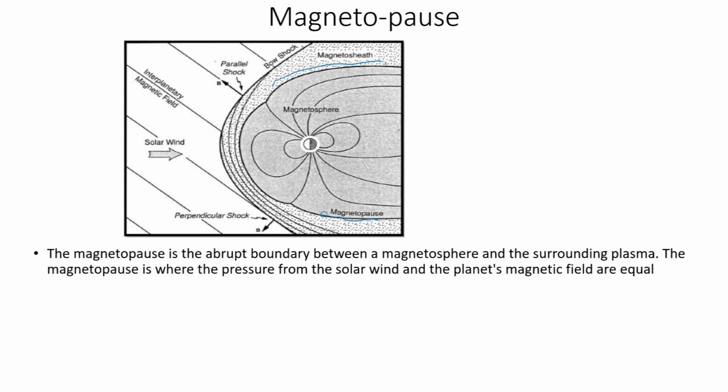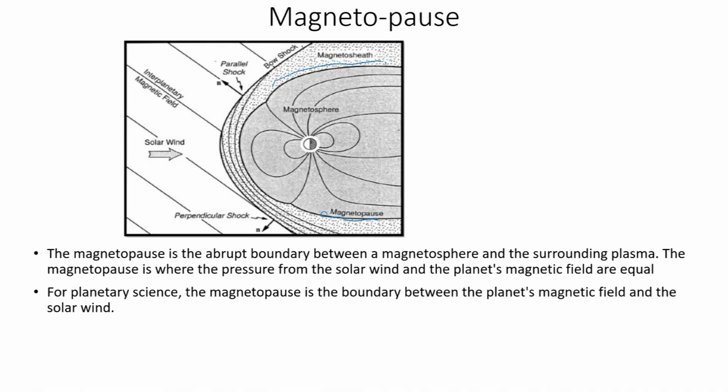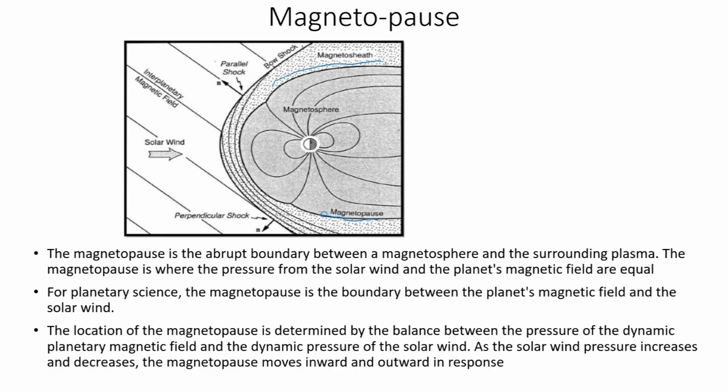The magnetopause is the abrupt boundary between the magnetosphere and the surrounding plasma. It is where the pressure of the interplanetary magnetic field balances that of the geomagnetic field. In planetary science, the magnetopause is the boundary between the planet's magnetic field and the solar wind. Its location is determined by the balance between the pressure of the planetary magnetic field and the dynamic pressure of the solar wind.